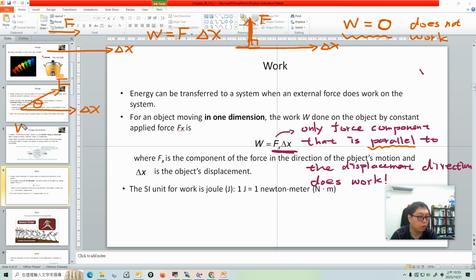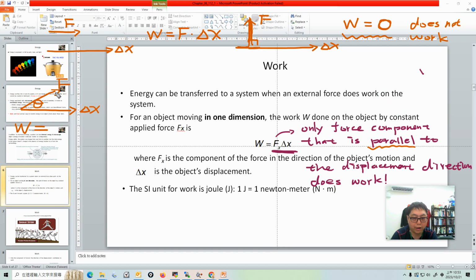So what is the work? This equation says only the force component that is parallel to the displacement direction does work. So what is that force component in this example?